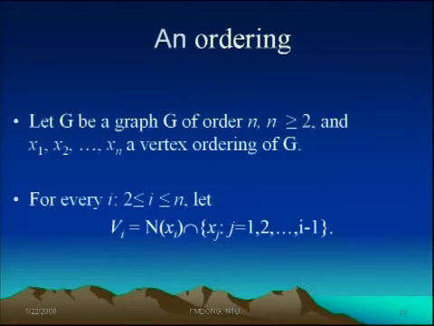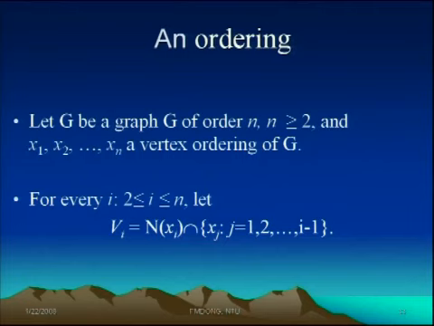What's Vi? Vi is the intersection of the neighbor set of Si and those vertices before Si. What I mean by before Si is I just consider those neighbors among S1, S2 up to S(i-1).